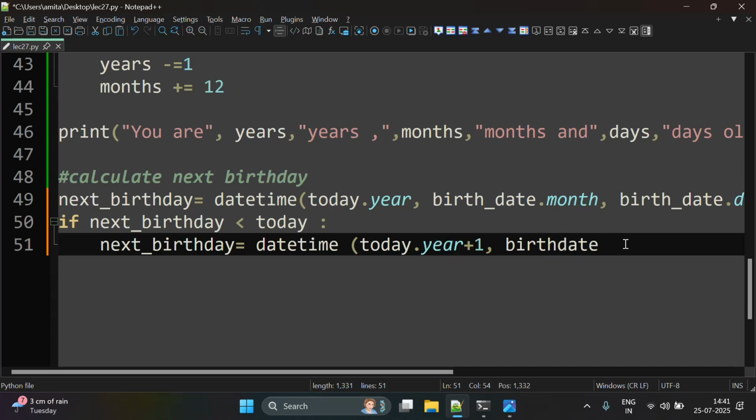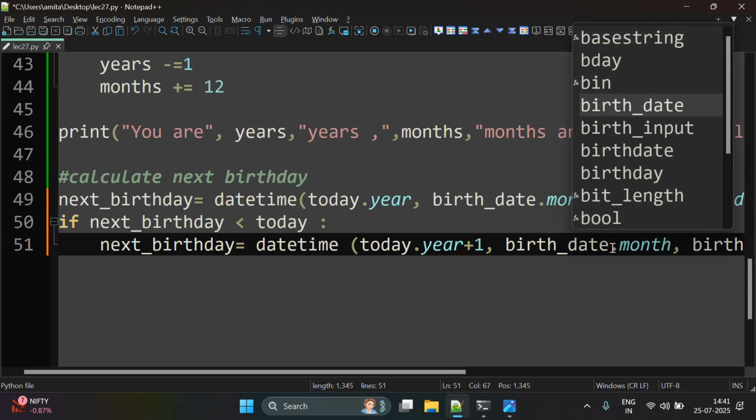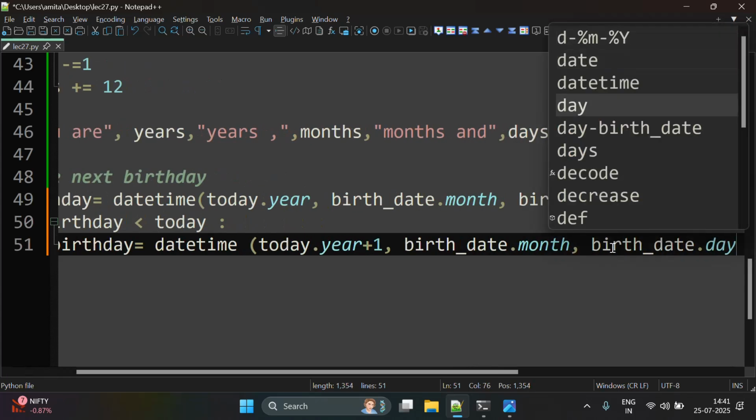If the person was born on 29 June 2006, it will take first 29 June 2025, but then it will calculate that the birthday is less than today. That means it has already gone this year, so it will be 29 June 2026. So today dot year plus 1, and birth date dot month, and then birth date dot day.